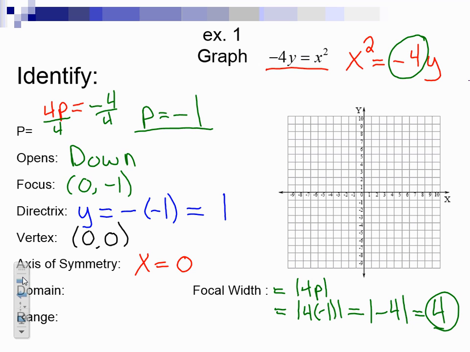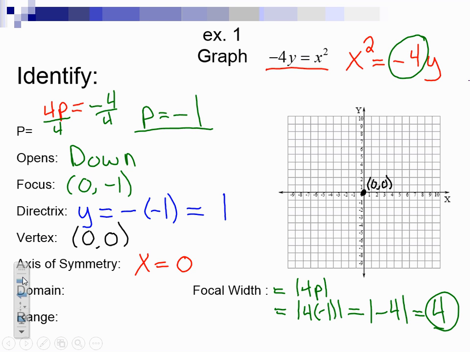Now before I do domain and range, I'm going to graph. When we graph these, we have to label a ton of things. First thing, vertex, 0, 0. Put that on there, we have to label it. So the vertex is here at 0, 0. Now I'm just going to go through the list.